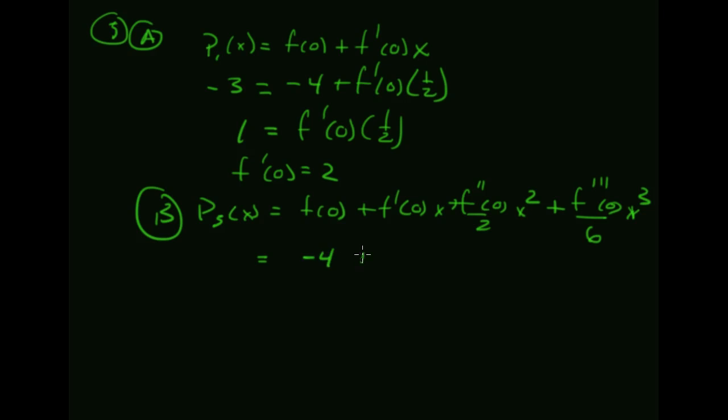We just figured out that this is 2. We're given that this is -2/3, so that's going to be -1/3 x squared. And then we're told that this is 1/3, so this is going to be 1 over 18 x cubed. So there's the third degree Taylor polynomial. And then we've got part C.